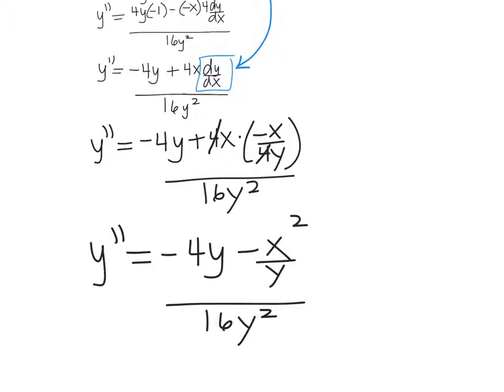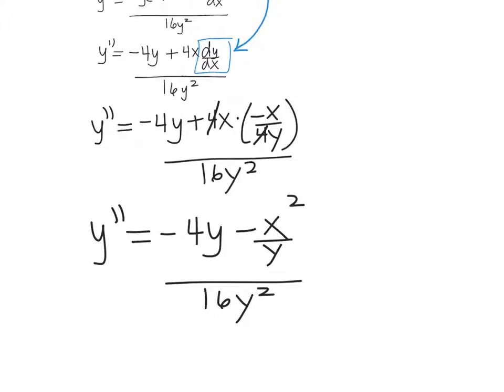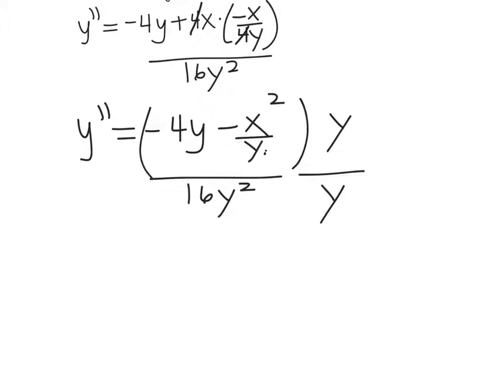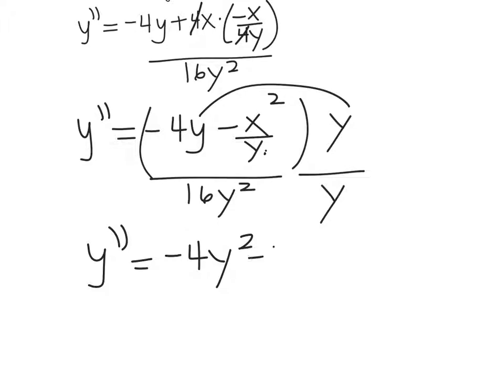Now, unfortunately, we're not allowed to leave fractions within fractions. That breaks our algebra rules. So let's multiply top and bottom by y to get rid of this problem right here. We get negative 4y squared minus x squared all over, and what do we get on the bottom? 16y cubed.